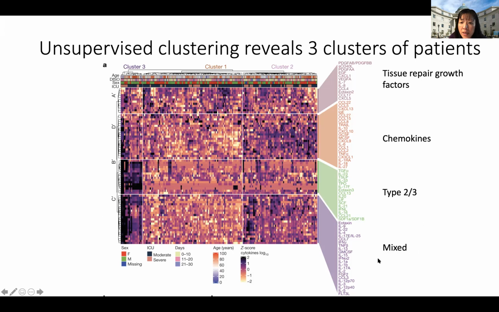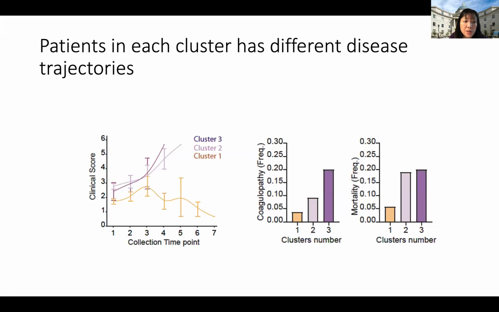So what do these clusters of patients mean? Well, it turns out that the patients in each cluster have very distinct disease trajectories. So the cluster 1 patients that had the tissue repair growth factors eventually become better from this disease. The clinical score goes up a little bit, but then they eventually recover and are discharged from the hospital to go home.